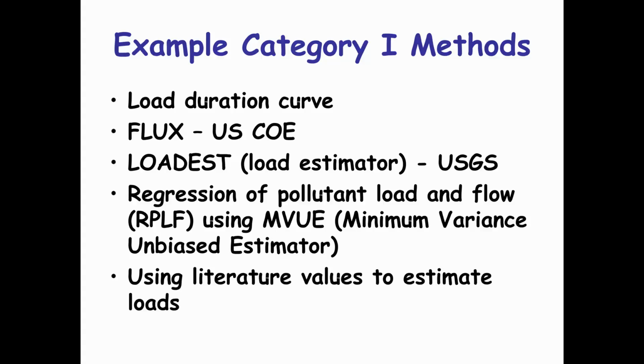So basically, you'd find a table in a research article or some guide document that would give you guidance about how much pollutant load might come from a particular agricultural management practice, forestry management practice, urban management practice, or suburban management practice.